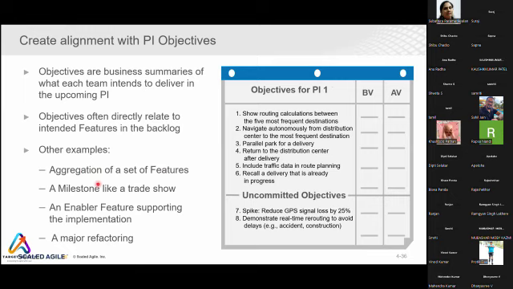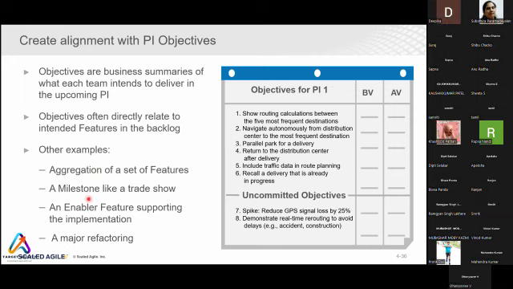A milestone can be a PI objective. Enabler functions which support the feature can also be a PI objective. Or major refactoring work is also a PI objective. So it is the goals for your PI, which are called PI objectives. Some examples are given here. Any questions on PI objectives?